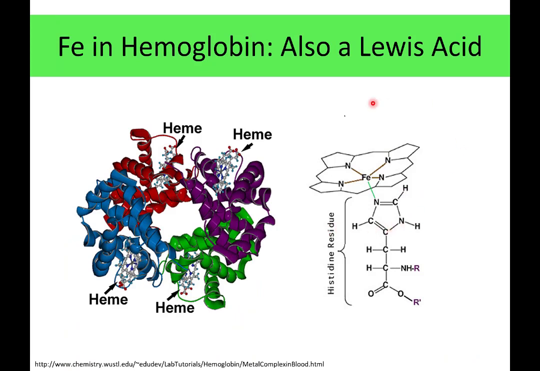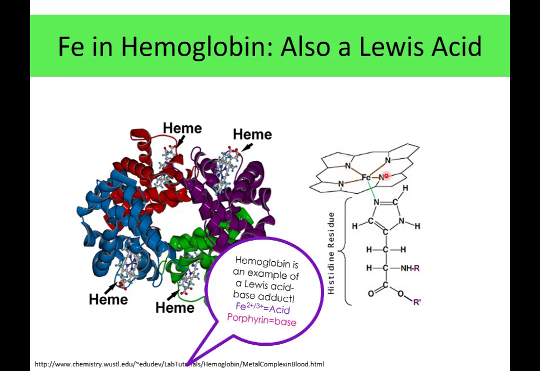Hemoglobin, or specifically the heme group in hemoglobin, is another example of a Lewis acid-base adduct. So iron specifically is our Lewis acid. And again, the nitrogens from this porphyrin ring are the Lewis base.